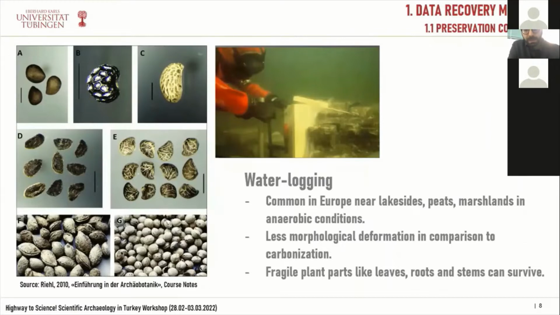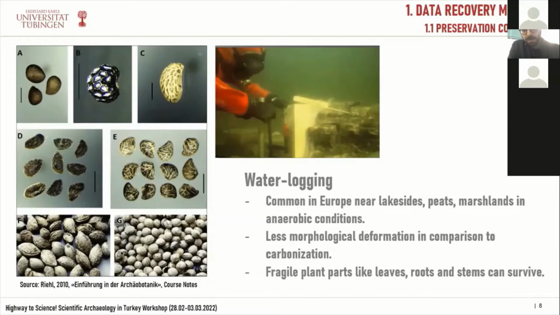So you can see at the left side that there is less morphological deformation in comparison to carbonization. You can see different types of seeds, and even in some of them their color is preserved.